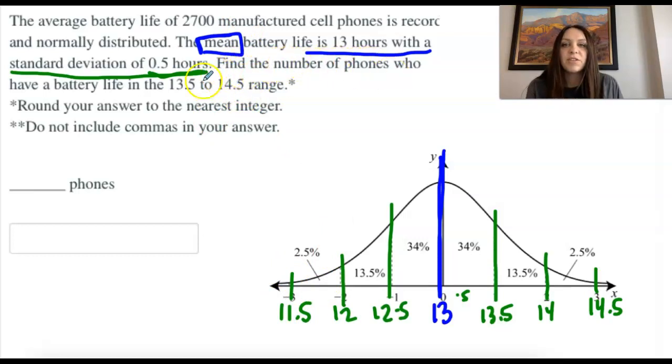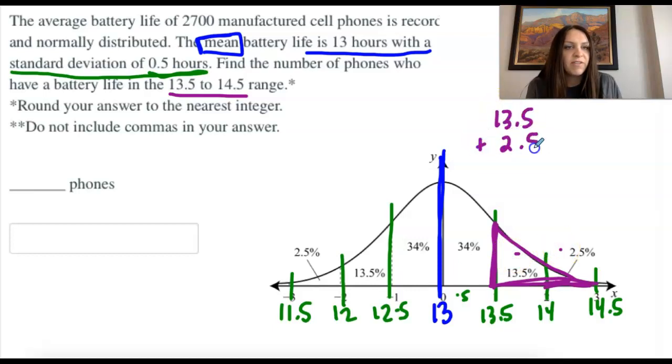All right, let's see what we're looking for though. Find the number of phones who have a battery life in the 13.5 to 14.5 range. So I really didn't have to label all of it. I'm just looking here from 13.5 to 14.5. Okay, so I'm going to add these. I'm taking 13.5% and 2.5%, which when I add those becomes 16%.